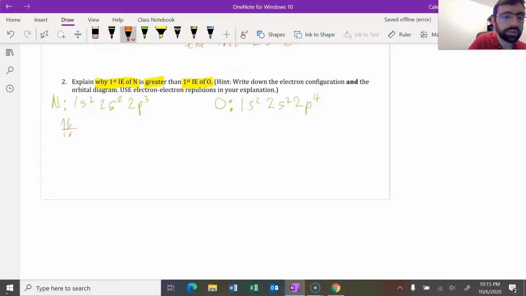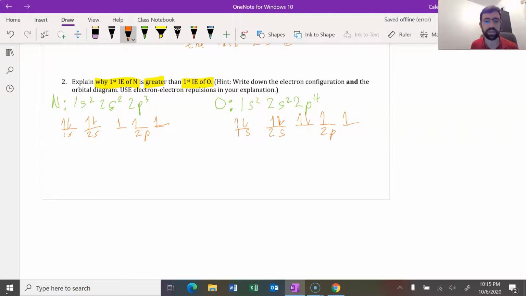2, we have 2s, 2, we have 2p. Remember, for p we've got 3 orbitals. We've got to follow Hund's rule, so we have 1, 2, 3, just up arrows. When we get to oxygen, we're going to follow Hund's rule again, 1s, up, down, 2s, up, and then down, that's a down arrow, and then 2p, still following Hund's rule, we go up, up, up, and then down.